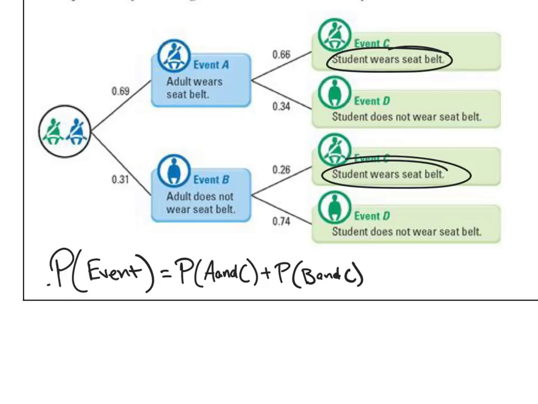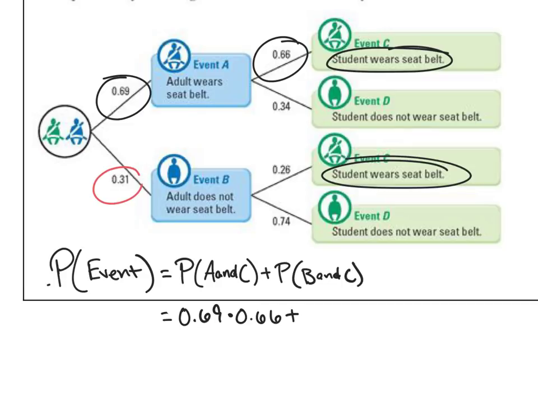So for event A, it's going to be 0.69 times 0.66. So that one would be 0.69 times 0.66. Then down here, 0.31 times 0.26.